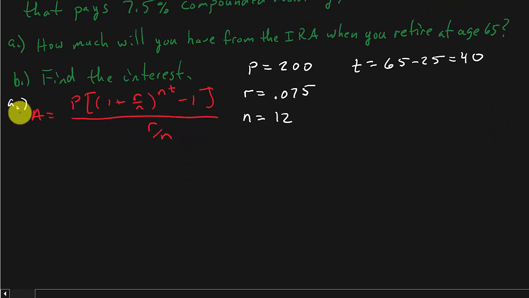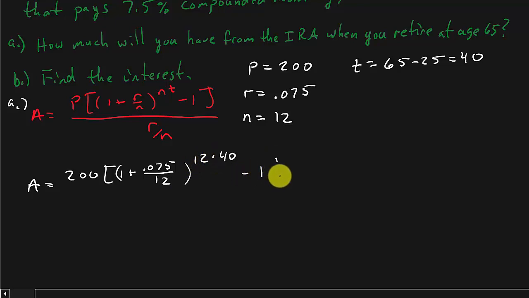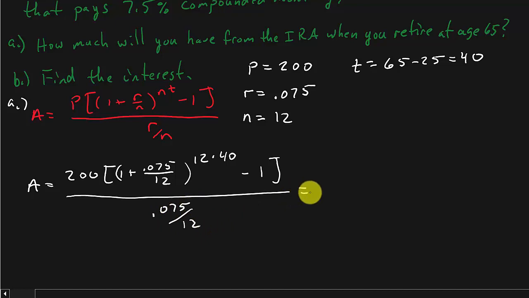And by the way, this is part A. So A is equal to P, which is 200, times (1 plus R, which is 0.075, over N, which is 12), all raised to the N times T, and then minus 1, over R, which is 0.075, over N, which is 12. And so in this case, we would have $604,765.